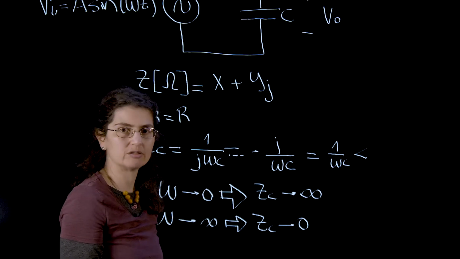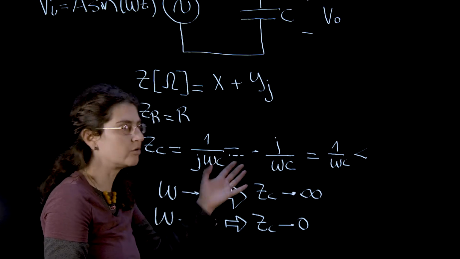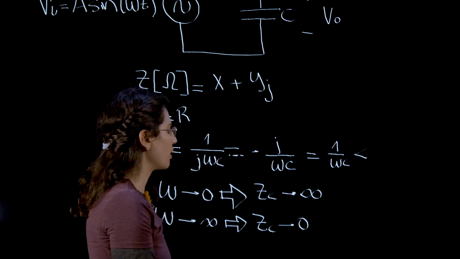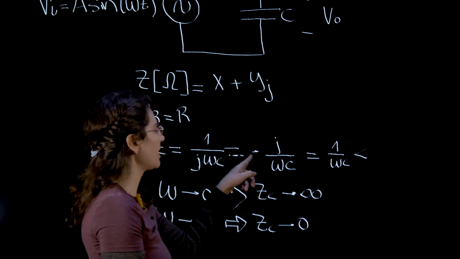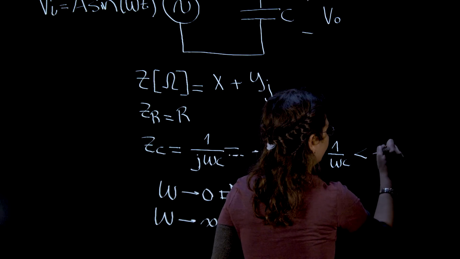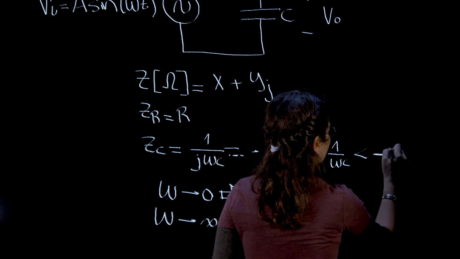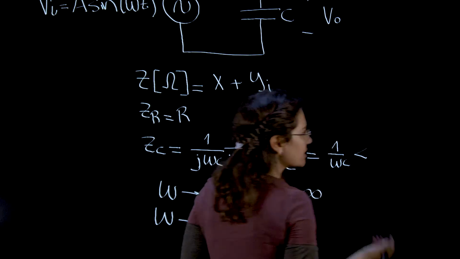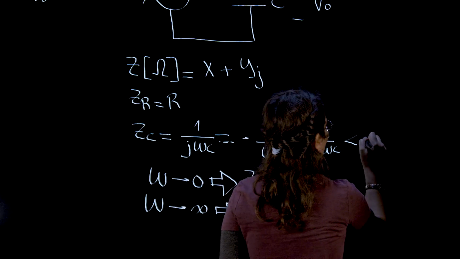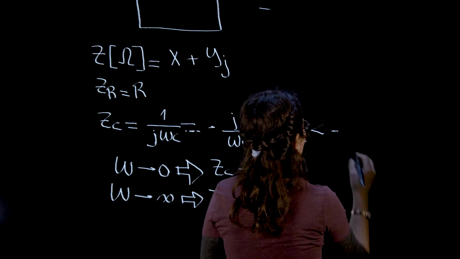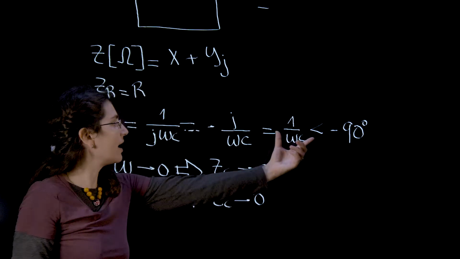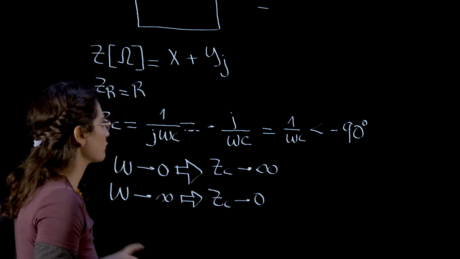In this case the real part is 0, so it's the inverse tangent of minus infinity, which is minus 90 degrees. So that would be the impedance of our capacitor in phasor form.